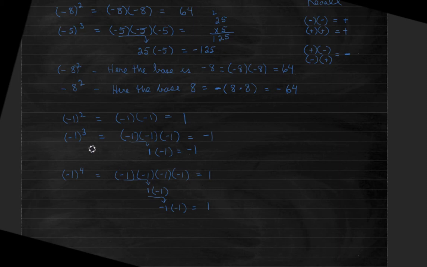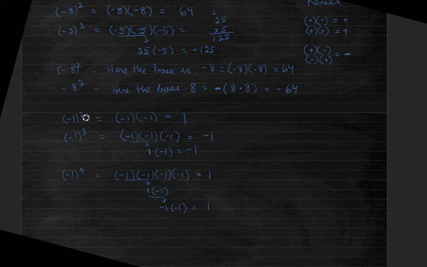So you may be now looking at something that appears to be making a pattern. First we get a positive 1, then a negative 1, then a positive 1, then a negative 1, then a positive 1. It depends on the exponent.